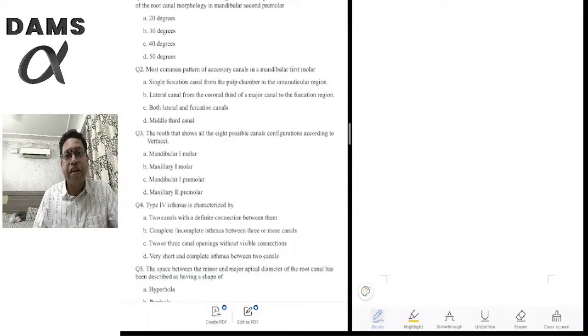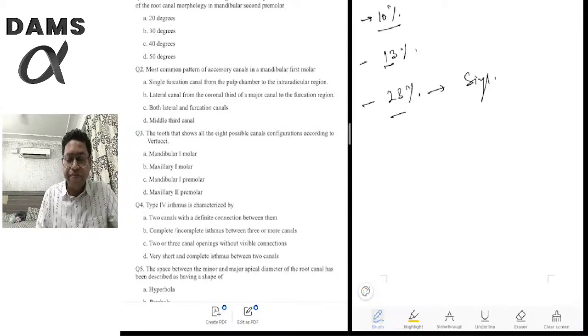For this, if you remember, you have been taught that there are three patterns of accessory canals in mandibular first molars. In 10% cases, in 13% cases, and in 23% cases, there are three different patterns. So, in 23% cases, there would be a single lateral canal.